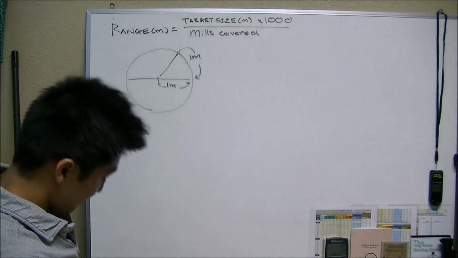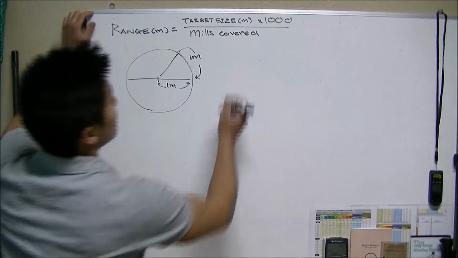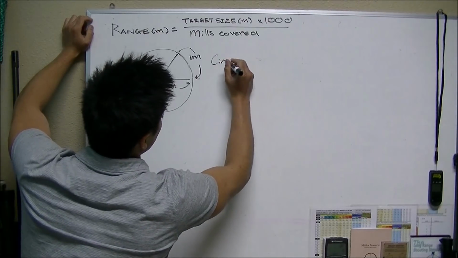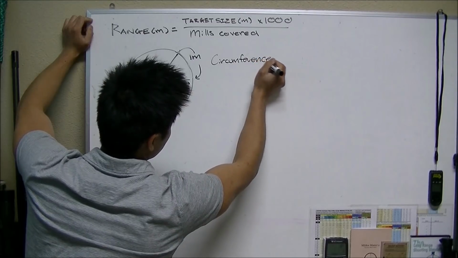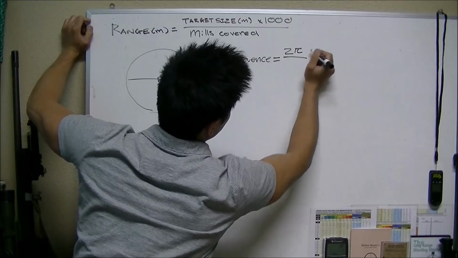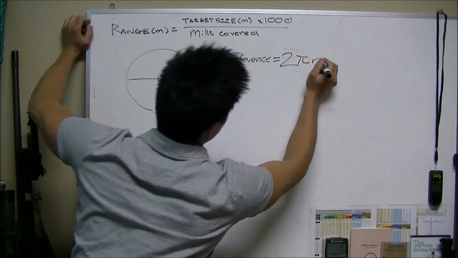Basically from there, we also know that the circumference is 2 pi r.